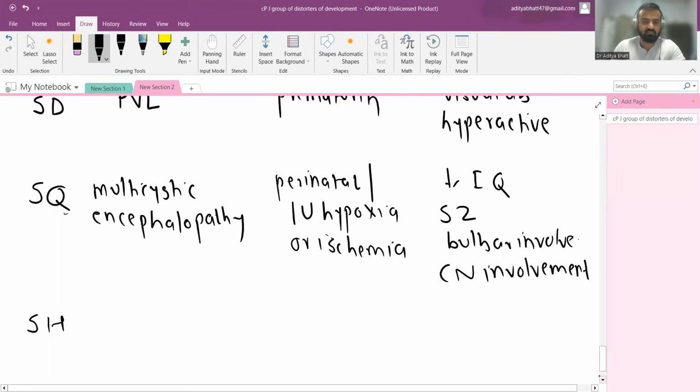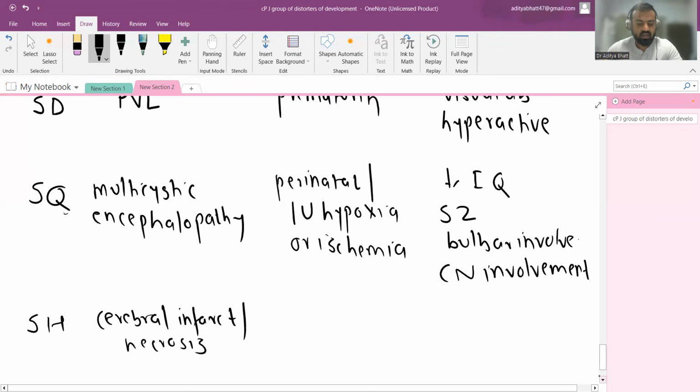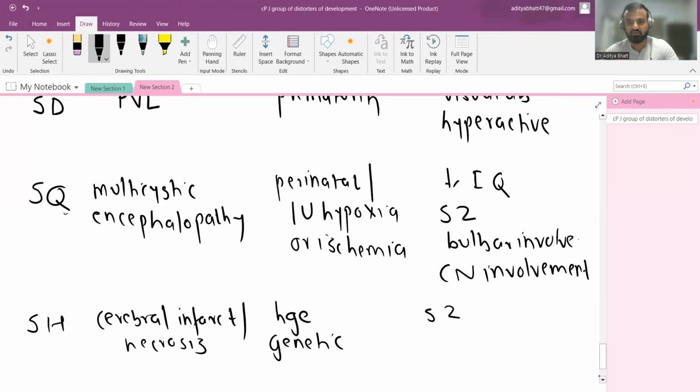Now the third CP is spastic hemiplegic CP. Spastic hemiplegic CP is due to cerebral infarct or necrosis. Why does this occur? This occurs due to hemorrhage in the brain, or it might be genetic. And in these, you have seizures, decreased IQ and learning abnormalities.